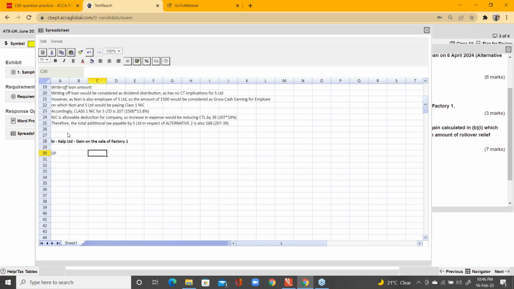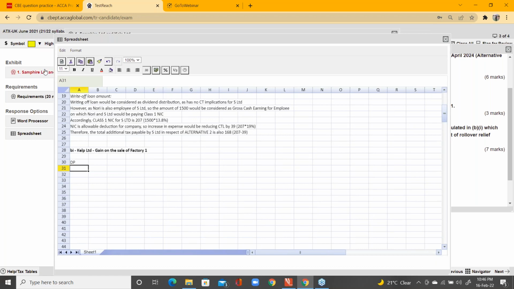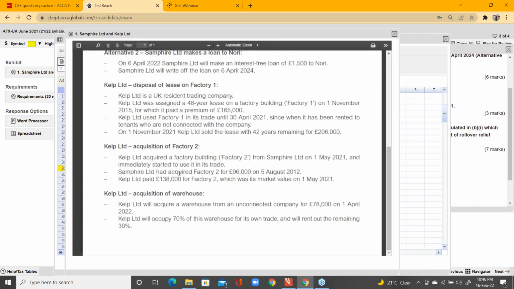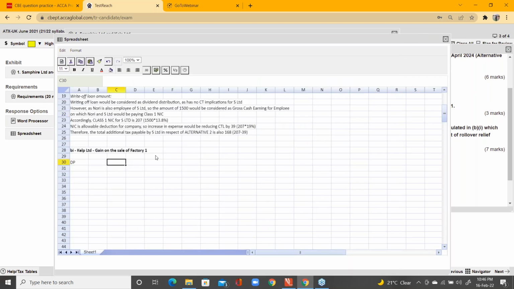Disposal proceeds, I don't know the figure, as it is given over here in the scenario. Asset sold for 206,000. So disposal proceeds is 206,000.